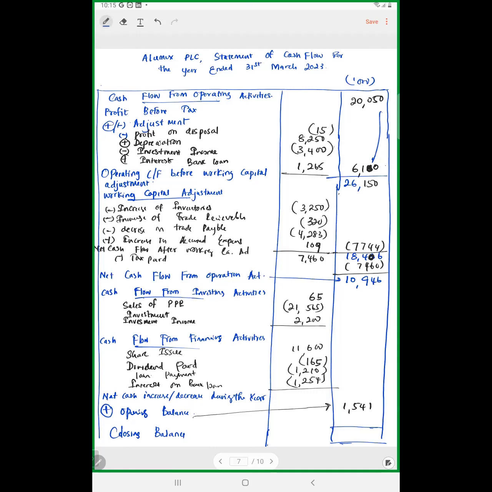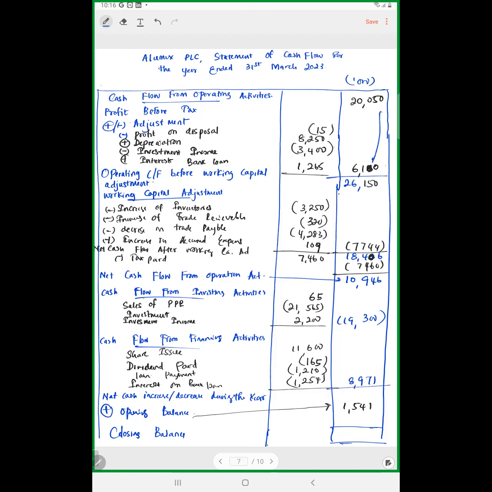So when it comes to the investing activities, it is 19,300. When it comes to the finance activities, $8,971 plus.